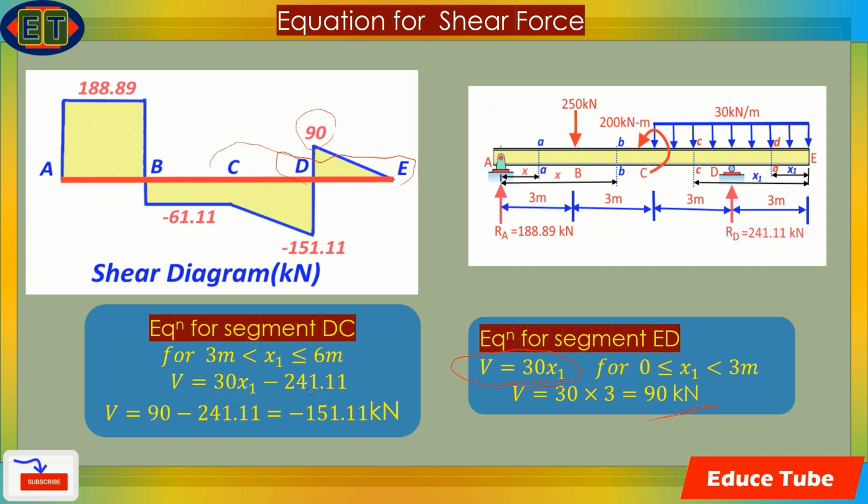So 30x1 minus 241.11, and putting the value x1, already 30x1 we got 90. So 90 minus this, we got minus 151.11 kilonewton shear for this segment DC. That is what we can see here. This is minus, this is plus. So like this.